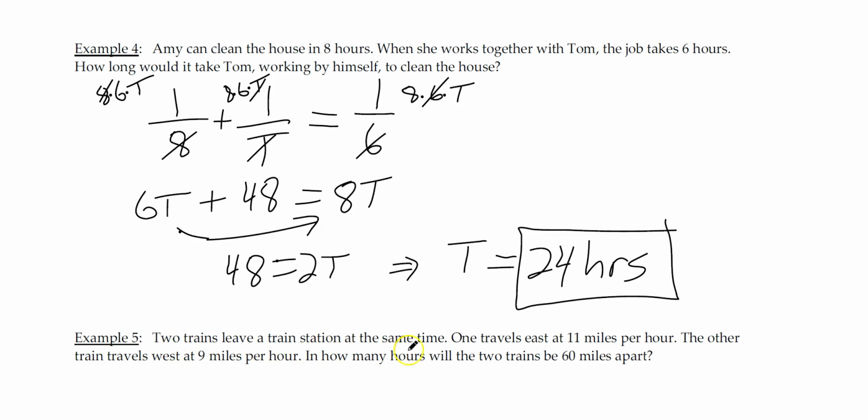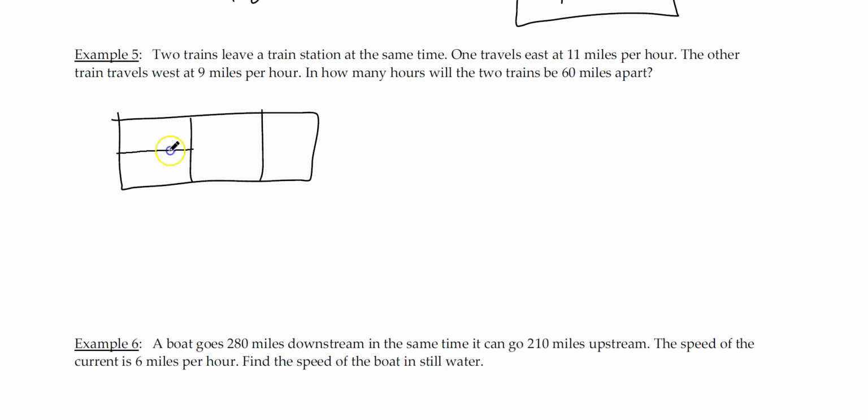Okay, so when it's a distance, rate, time problem, I set up a table. There's 2 situations. Distance equals rate times time. 2 trains, so train 1 and train 2. They leave the station at the same time. One travels east at 11 miles per hour.